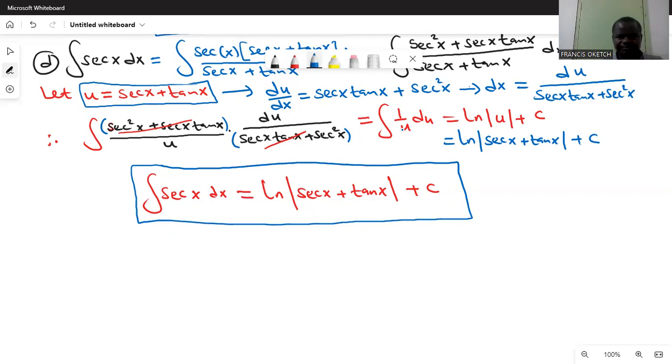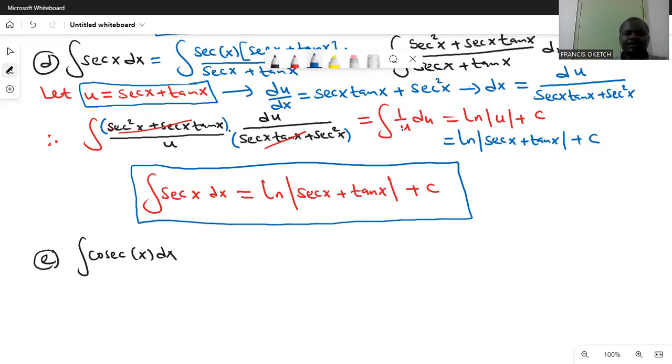And lastly, let's look at the integral of cosec x. So I'll call that part, let's say part E. How do you integrate cosec x dx? So again, you rewrite this one. How do we rewrite this integral?